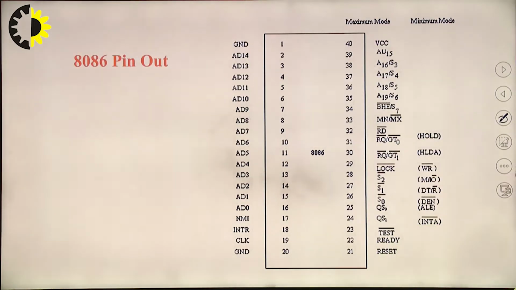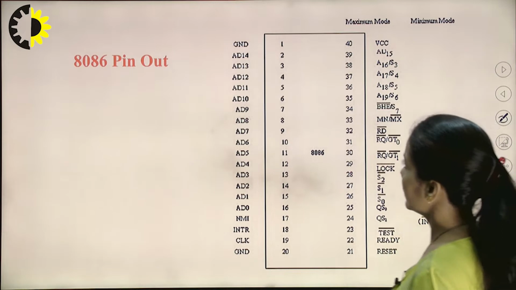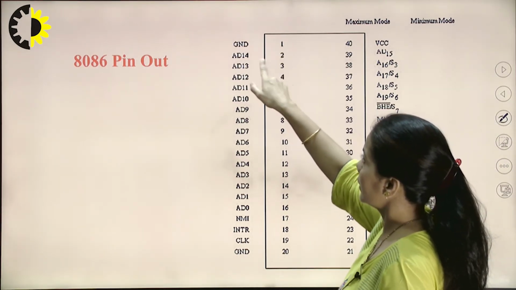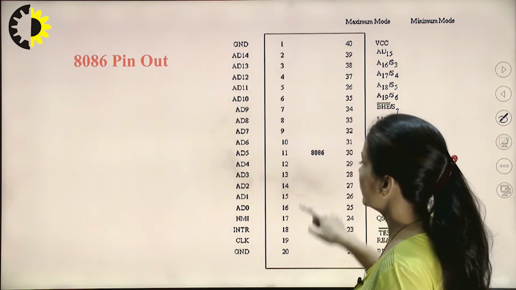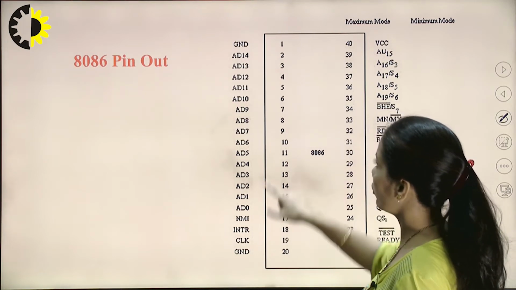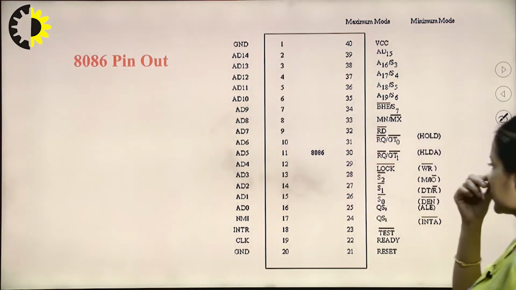It is a 40 pin IC, and as we can see, the first pin is the ground. Pins 2 to 16 are AD0 to AD14, that is the multiplexed lower order address and data bus.